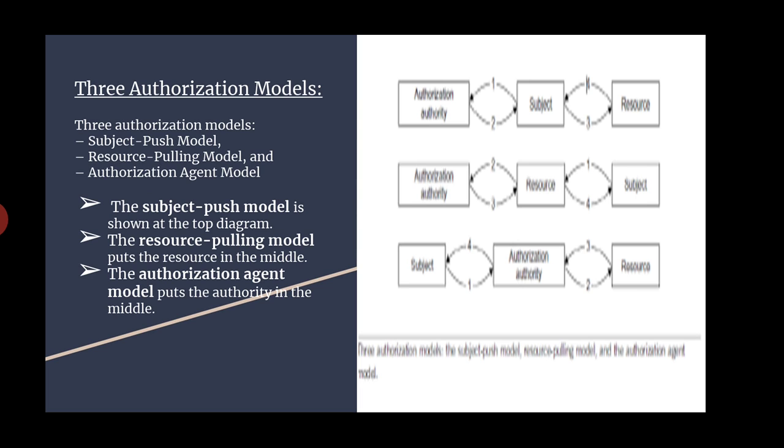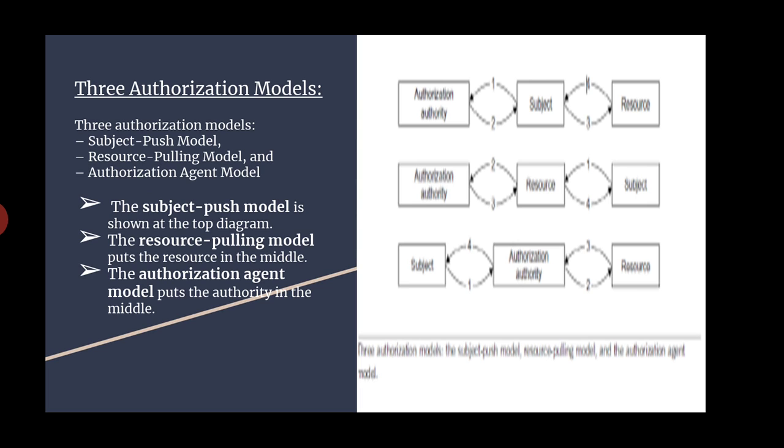The subject push model is shown in the top diagram. The resource pulling model puts the resource in the middle, that is the second diagram, and the authorization agent model puts the authority in the middle. This is the last diagram.